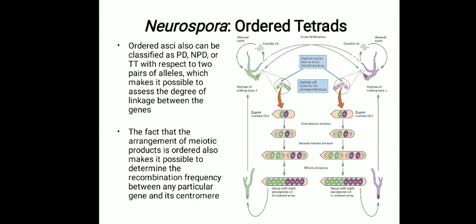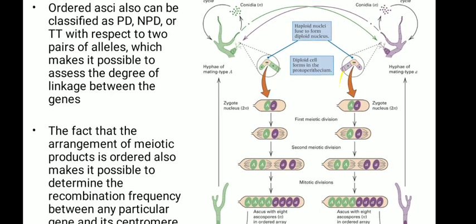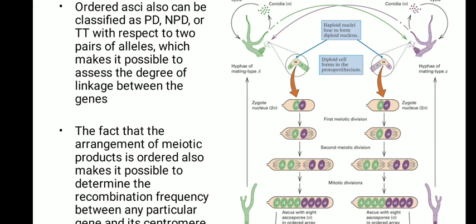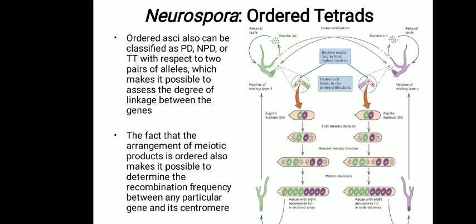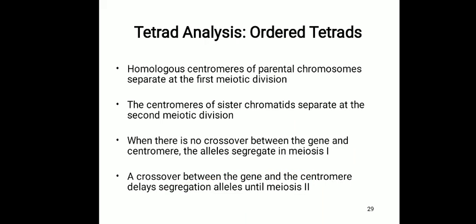Here the example of Neurospora ordered tetrad is given, in which the ordered asci can also be classified as parental ditype, non-parental ditype, or tetratype with respect to two pairs of alleles, which makes it possible to assess the degree of linkage between the genes. We can study this with the help of one more example.